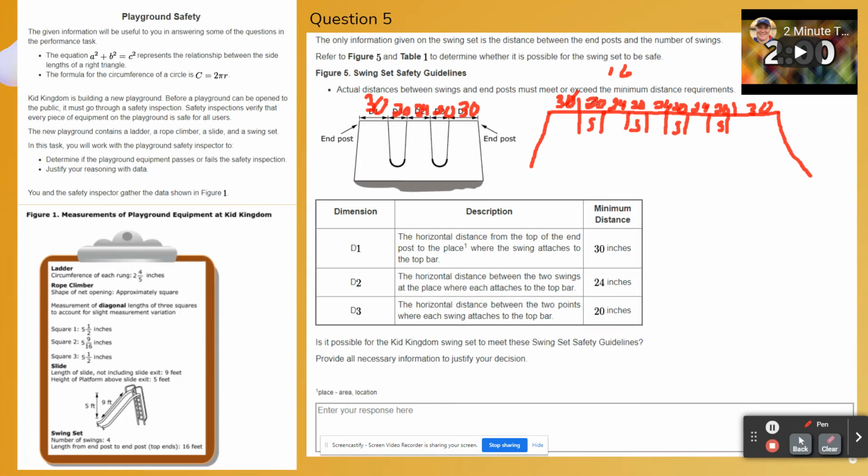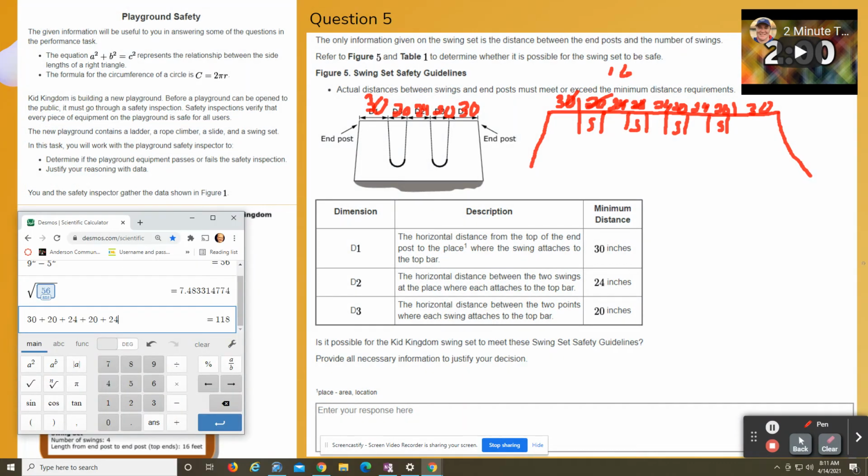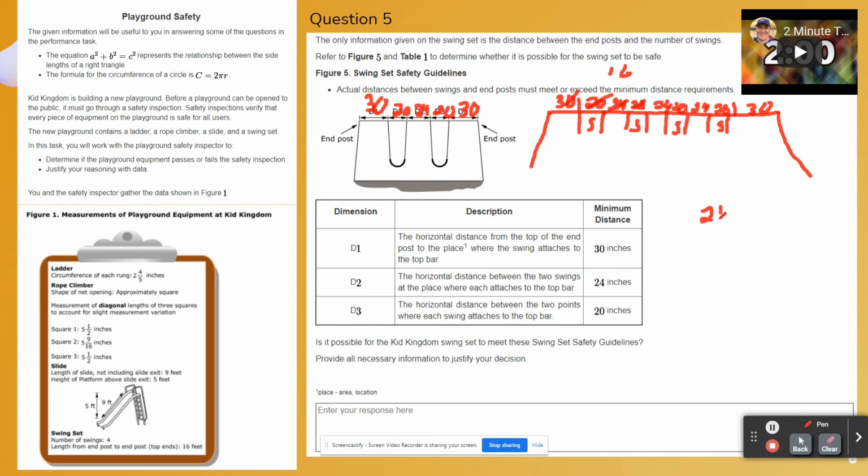We've done that one, we've done that one, we've done that one, we've done that one, and then we've done this one as well. And then plus 20, plus 24, plus 20. So we've got 30, swing, 24, swing, 24, swing, 24, swing, and then we need another 30. These add up to be, altogether here, 212 inches.